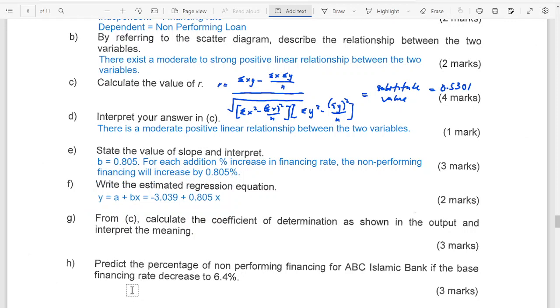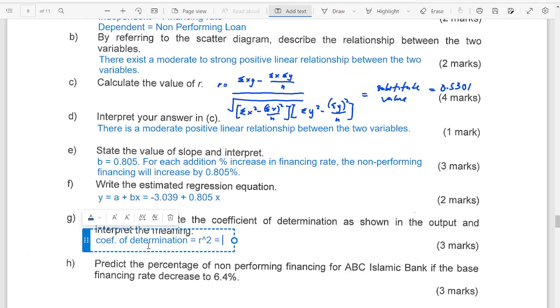Alright. And then from C, calculate the coefficient of determination as shown in the output and interpret the meaning. So dia suruh kira pula yang R squared tadi kan. So what you can do is just simply, so coefficient of determination is equal to R squared, right?